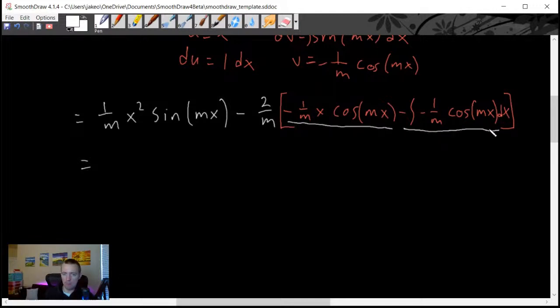So 1 over m x squared sine mx is going to stay out here. Minus 2 over m times negative 1 over m is plus 2 over m squared times x cosine mx.